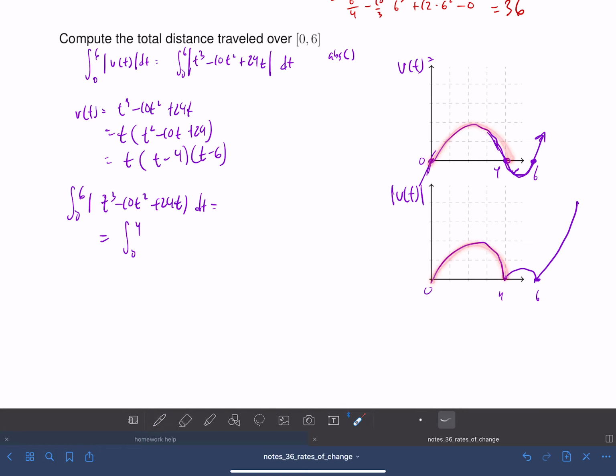I didn't have to flip because it wasn't below. Plus the integral from 4 to 6 of minus t cubed minus 10t squared plus 24t dt. So that minus sign right here is the minus sign I picked up by flipping.